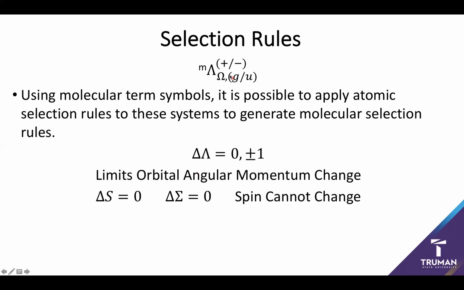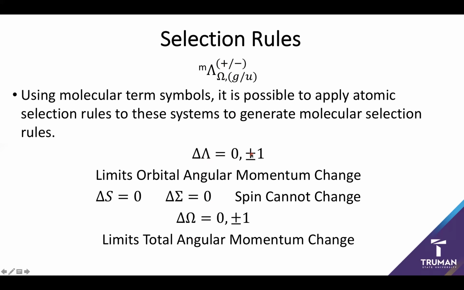This leaves us with the last of our classic atomic-like symbols, the total angular momenta change. And this is going to more or less obey the same rules as for our orbital angular momenta change, 0, +1, or -1, mostly depending upon how my total orbital angular momenta change, because I'm not really seeing much change in the spin.